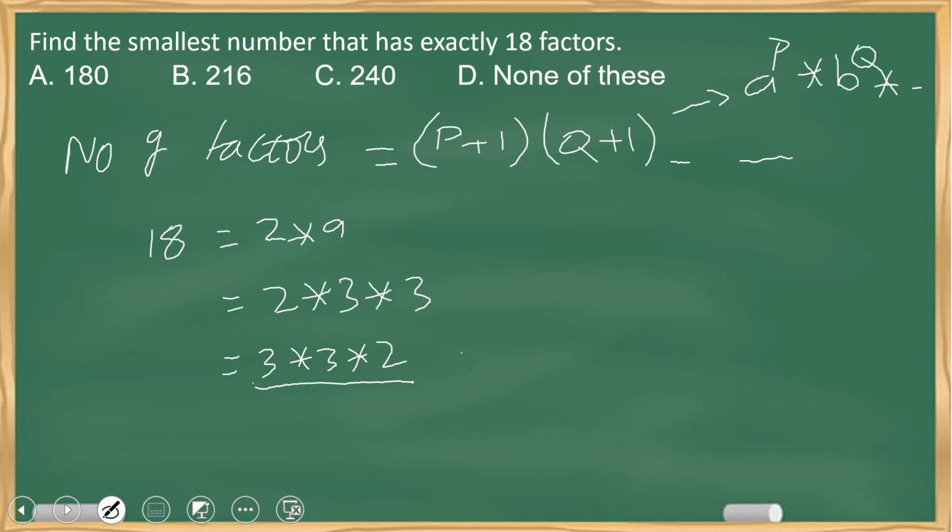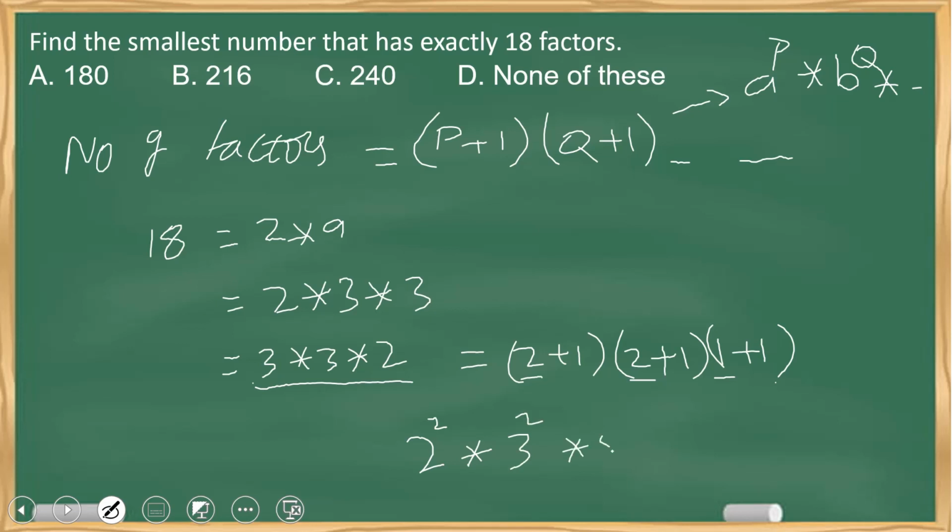So I'll consider this one first. This is the least one, I can do that. So 2 plus 1 into 2 plus 1 into 1 plus 1. You got the point? So this becomes p, this becomes q, this becomes r. So 2 square into 3 square into 5 power 1. So the least value which can have 18 factors is exactly 180. So that is the answer we got. Or else try solving from the options also.